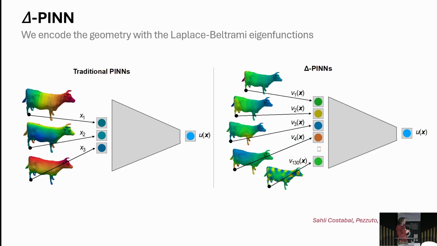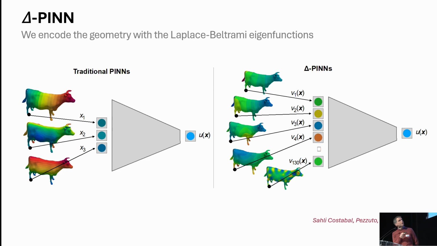What we did here is to use the eigenfunctions. So take, for instance, the cow here. You see that if you evaluate the neural network at, let's say, the toe of the cow, you can have much more variability if you use the eigenfunctions. So you have more colors, if you want, here.